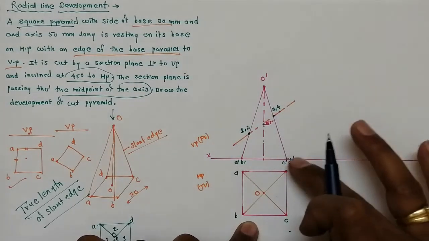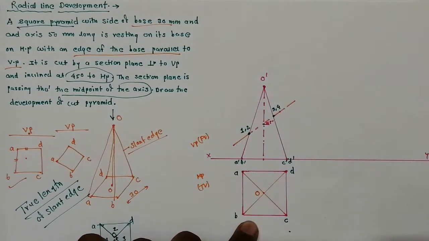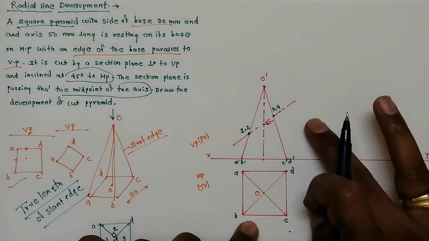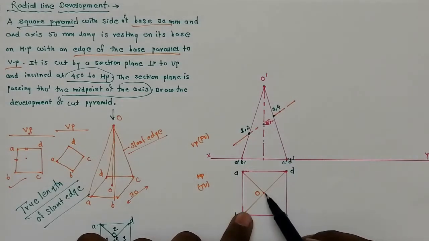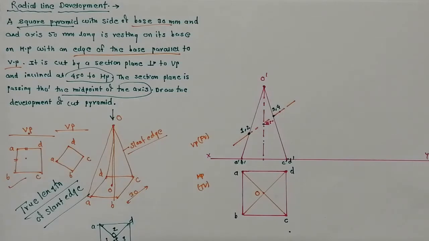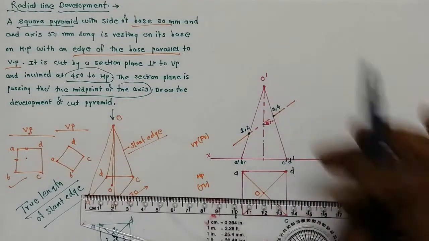So O dash C dash and O dash D dash do not represent the true length in the front view. The condition for true length is that in the top view, that particular edge must be parallel to XY, but here both are inclined.